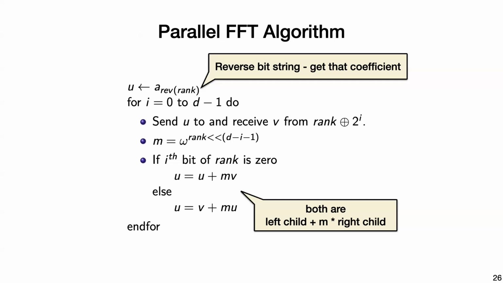So this is like the even part, and this is the odd part. And where the even part or the odd part comes from depends on whether you're the left or the right in this tree. The way that you determine that is based on the bit representation.